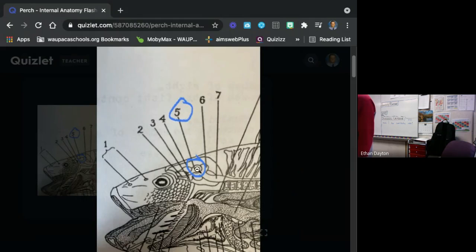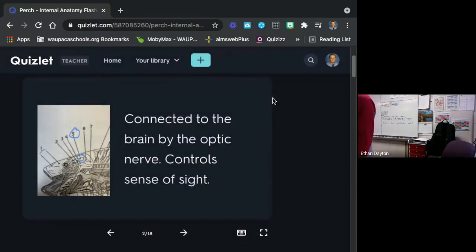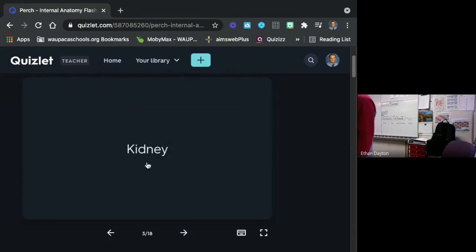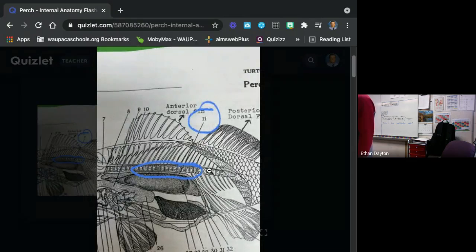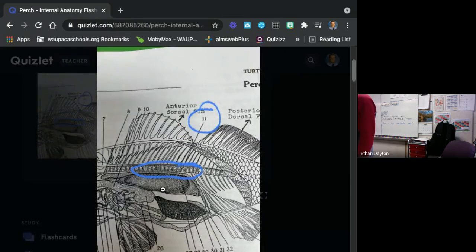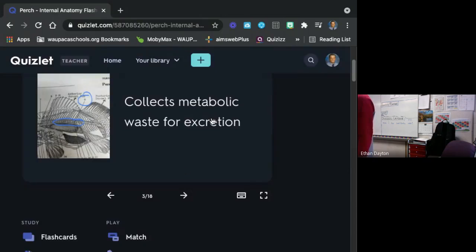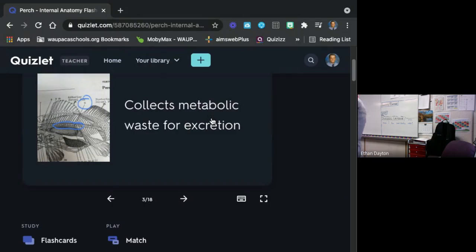Number 5, the optic lobe, is connected to the brain by the optic nerve, and that controls their sense of sight. Cool with that? Okay, next one. Kidney. This one was kind of hard to see. It's behind the swim bladder, or the air bladder, whatever you want to call it. Number 11. The kidney collects metabolic waste for excretion, just like it did in the crayfish.